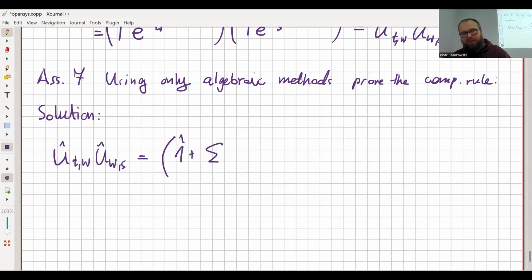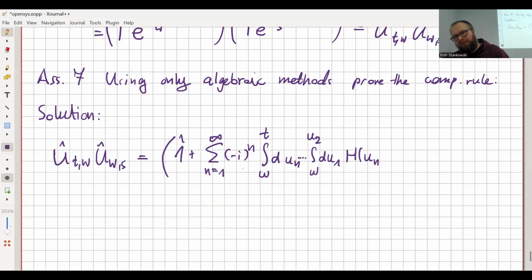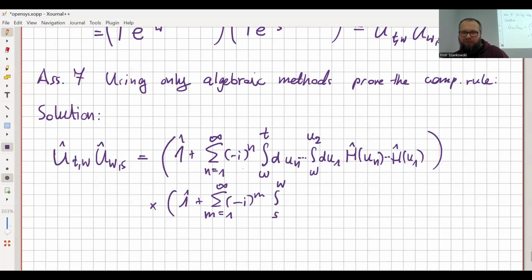So we will have, sum n from 1 to infinity, minus i to the n, integrals going from w to t, d u_n, up to d u_1, Hamiltonian H(u_n) and so on, H(u_1), times the other guy, 1 plus sum m from 1 to infinity, minus i to the m, but integrals go from s to w, d v_m, up to d v_1, and Hamiltonians H(v_m) up to H(v_1). Okay.